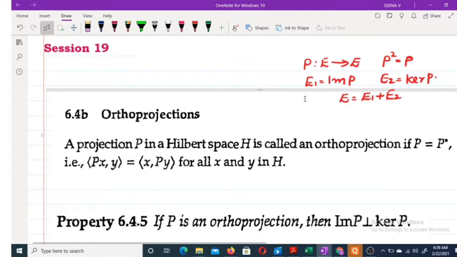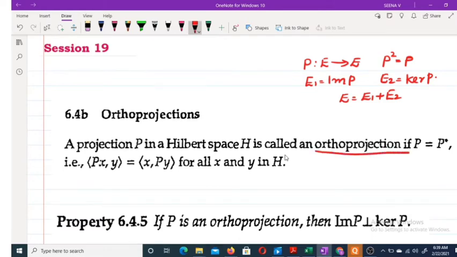Now we are moving to discussing ortho projection. A projection P in a Hilbert space H is called an ortho projection if P equals P star.